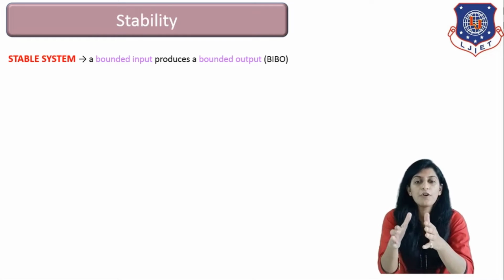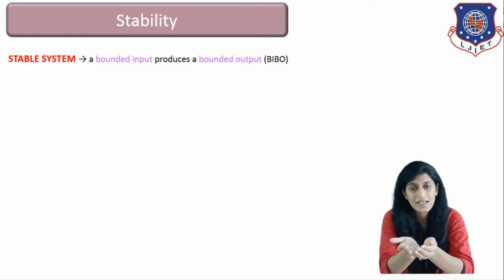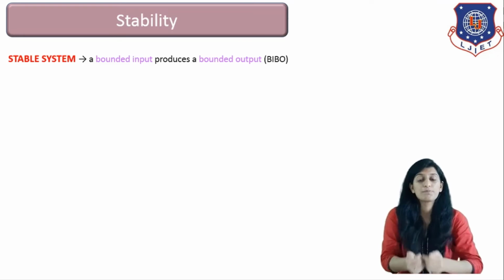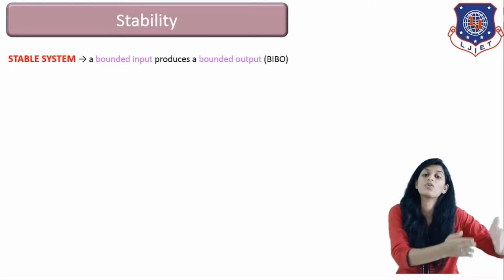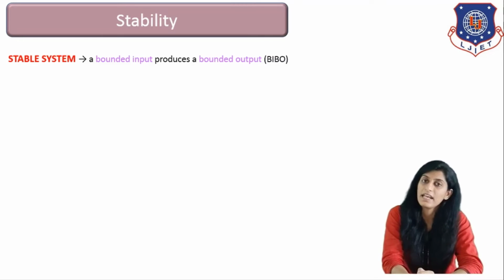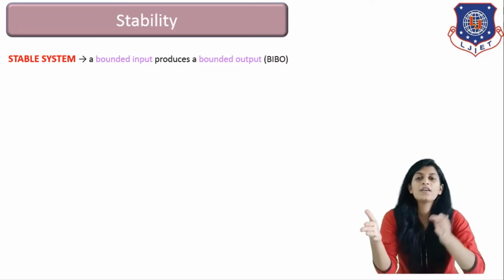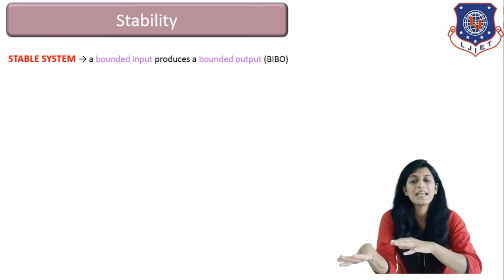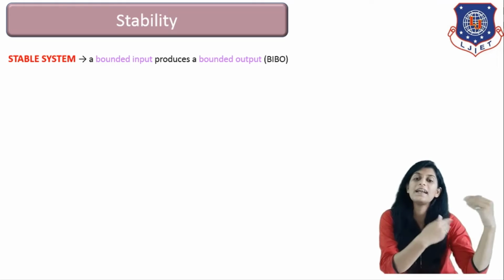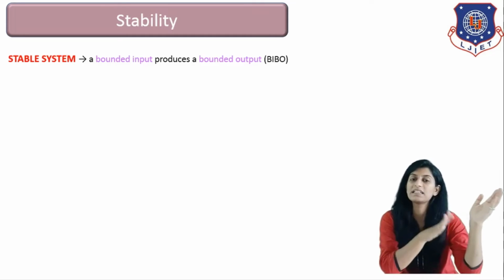What do we mean by bounded input? Bounded input means we are giving input in some particular range and we are expecting output in that particular range only. Suppose we are giving input in the range of 30 to 35 degrees centigrade, and the expected output is also in the range of 30 to 35 degrees centigrade.